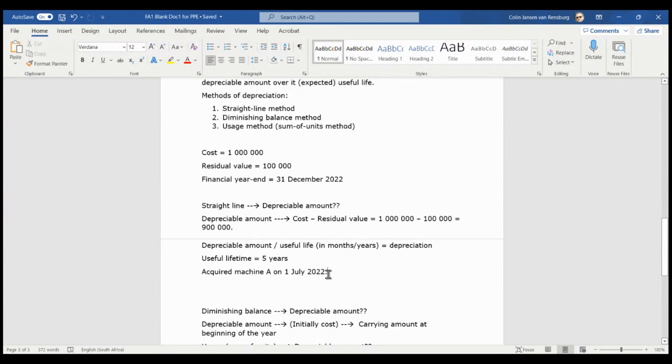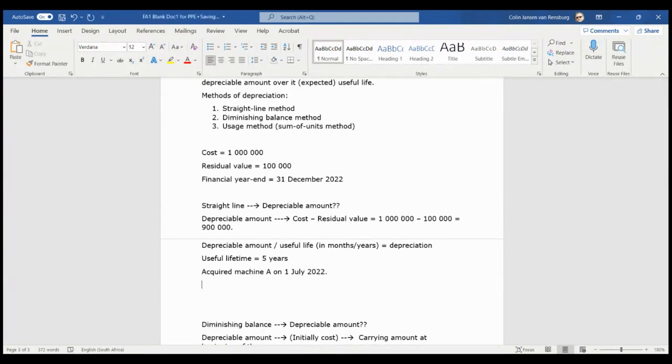Okay, anyway, so we've got a few facts and figures here. Now, ladies and gentlemen, how are we going to calculate the depreciation? Let me rather say for the year ended 31 December.